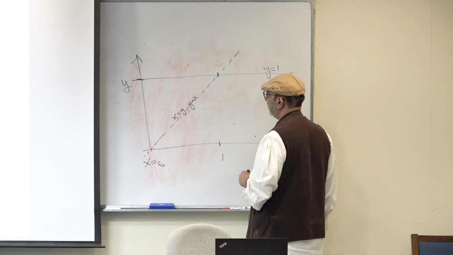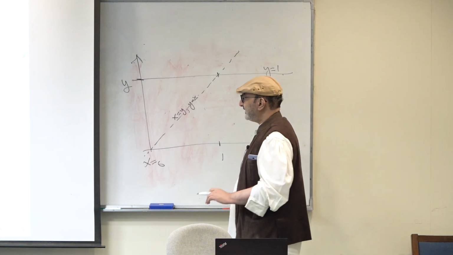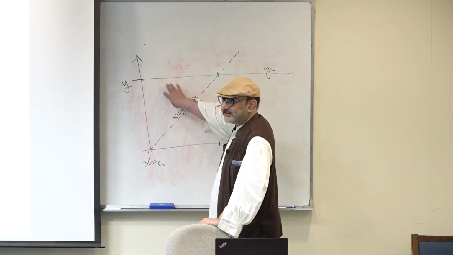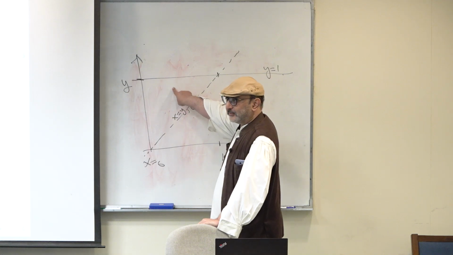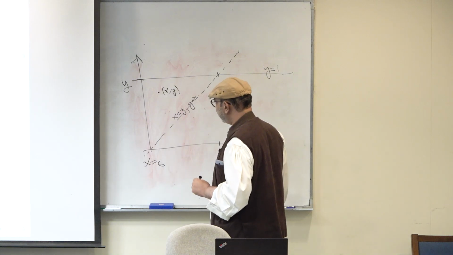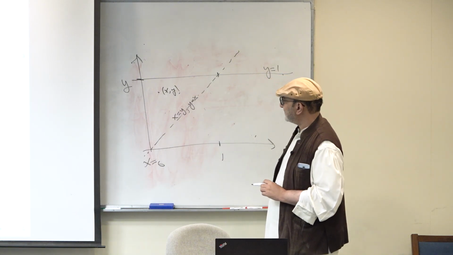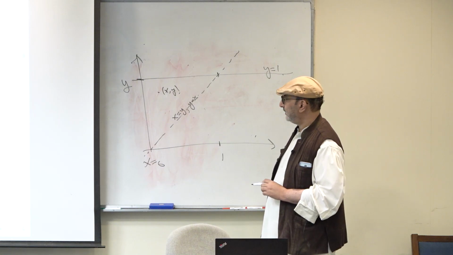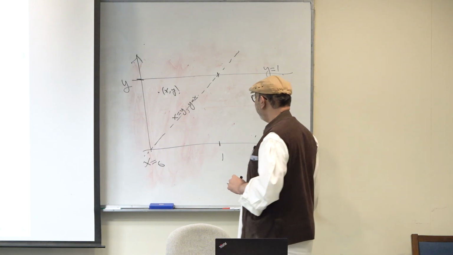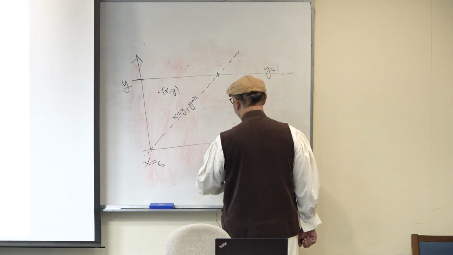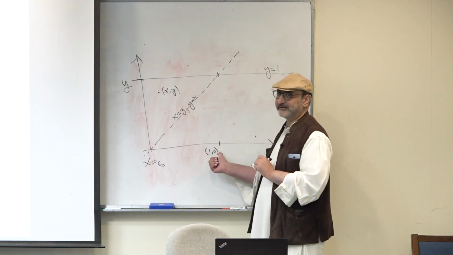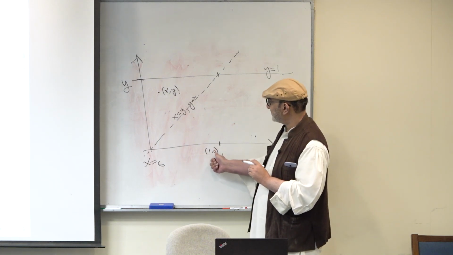Now, I'm told that x should be less than or equal to y. So are points in here in the region? If I have a point x, y here, does it satisfy that x is less than y? No. What about this point here? This point here is 1, 0. Does this satisfy that x is less than y? No.